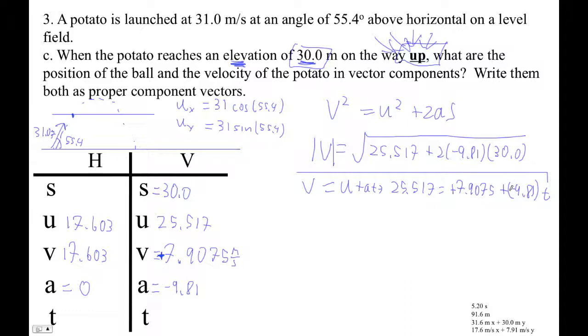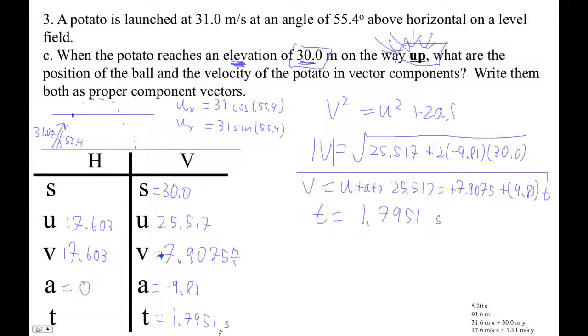So I subtract that and then divide by 9.81, and I get 1.7951 seconds for that.